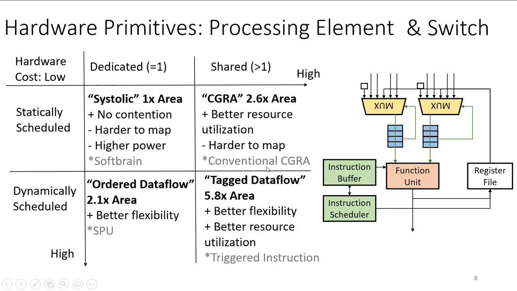Tagged data flow is the most general and expensive one, which requires both a larger instruction buffer and tag matching. A single design may only have one kind of PE, or it can combine multiple kinds of PEs for further specialization.